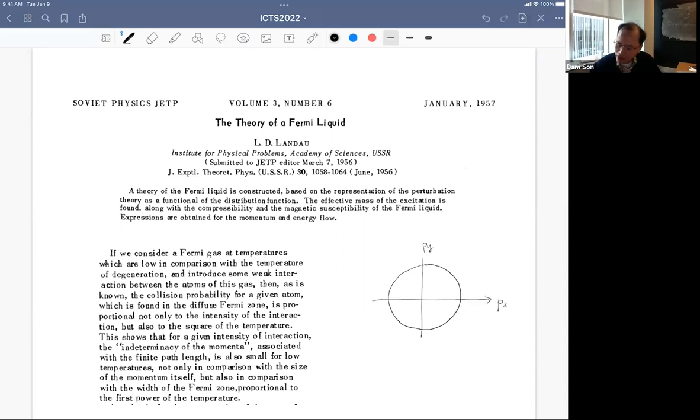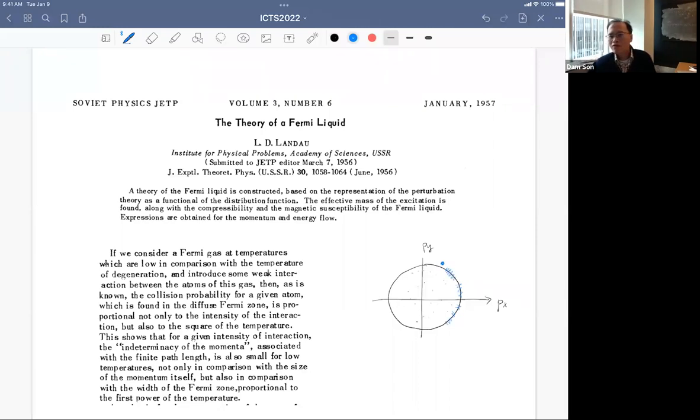The Fermi sphere separates places where we have filled orbital states and states that are empty. But imagine that we are at a temperature that is much lower than the chemical potential or the Fermi energy. Then the modes that are excited are all the modes that are near the Fermi surface. So at low temperature, we are interested only in excitations near the Fermi surface.